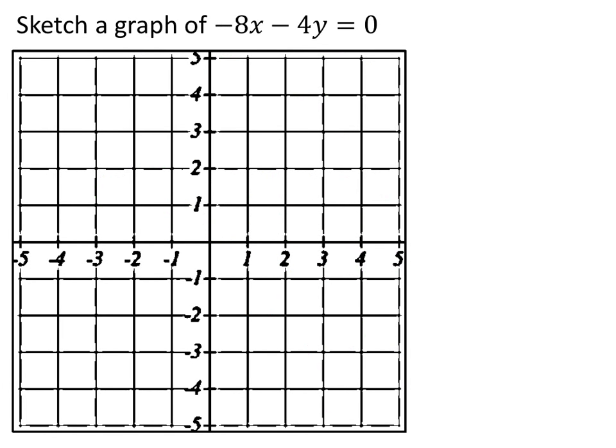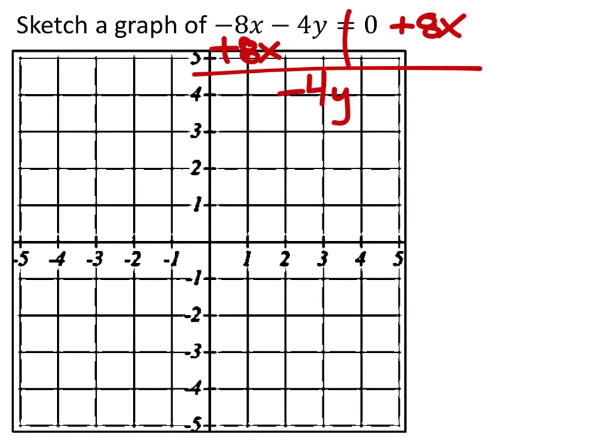Alright, here we have an equality again, so we're not worried about dashed or solid or shading. And we should be careful with that because sometimes we just kind of assume that it's one or the other. So, let's change this one to slope-intercept form as well, because last time we did one like this, we used the point, so let's do this one a little bit different. I'm going to add 8x to both sides, and I got negative 4y equals 8x.